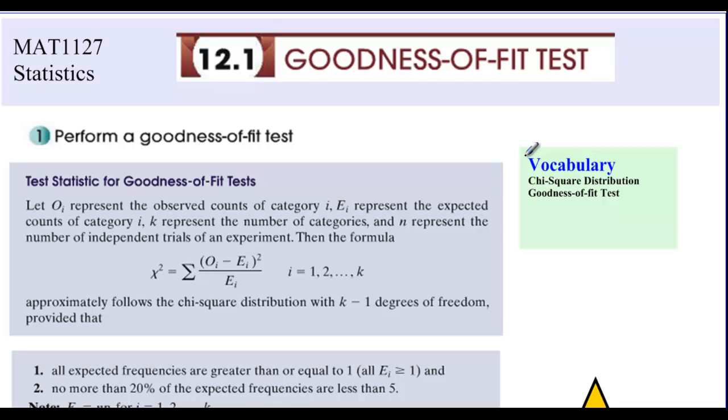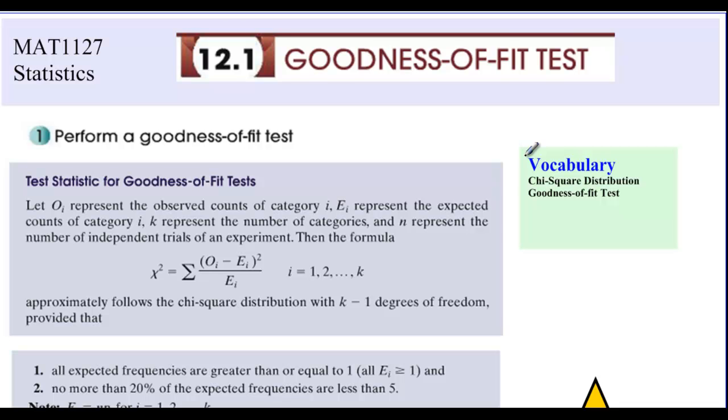For the test statistic for the goodness of fit tests, let O sub i represent the observed counts of category i, E sub i represent the expected counts of category i, k represent the number of categories, and n represent the number of independent trials of an experiment.